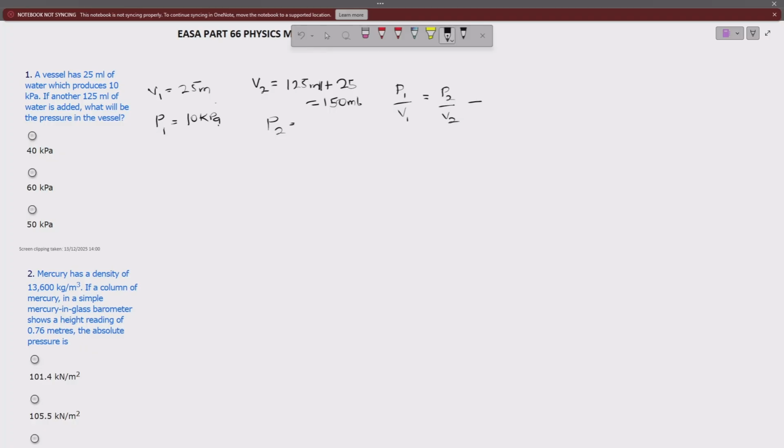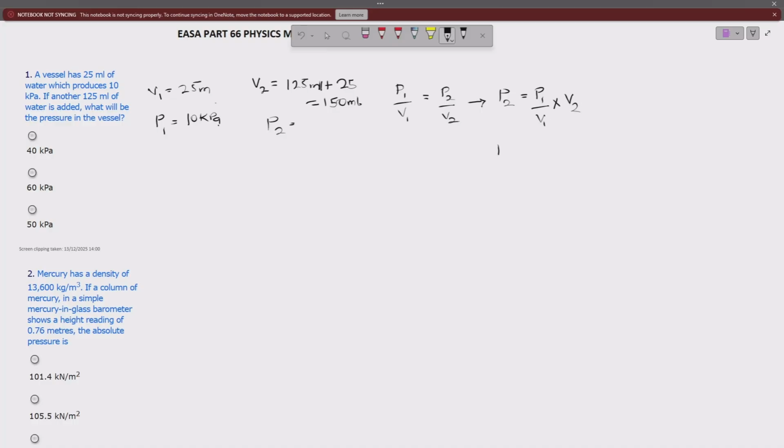But we are looking for P2. So we're going to cross multiply. P2 will be equal to P1 divided by V1 times V2.